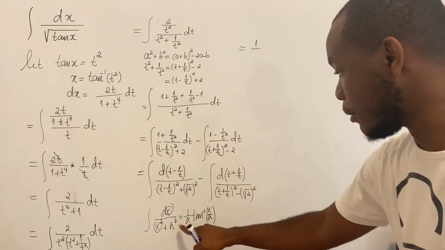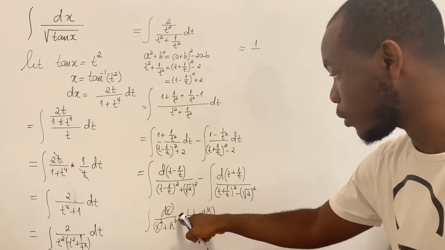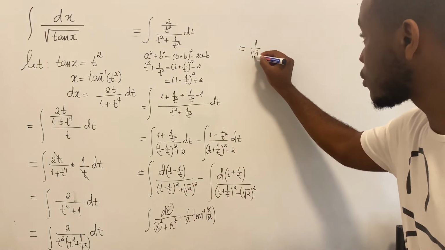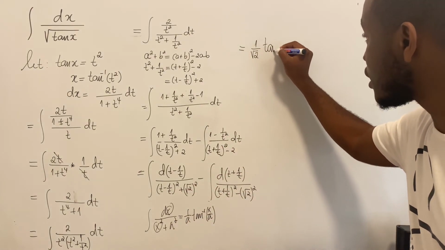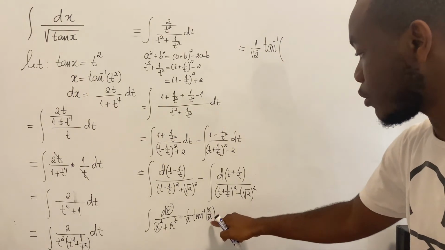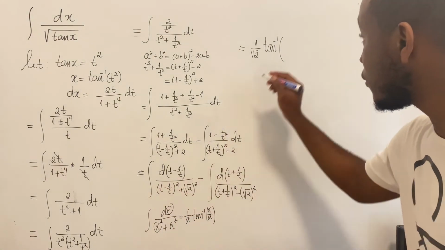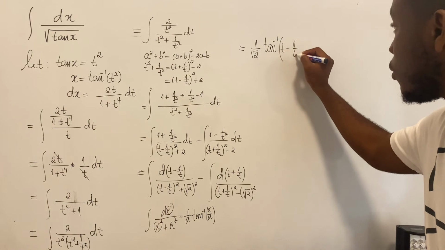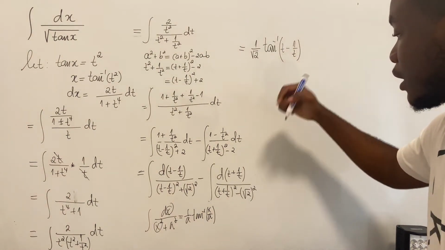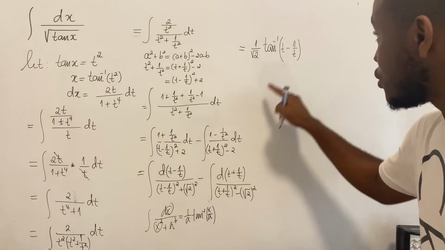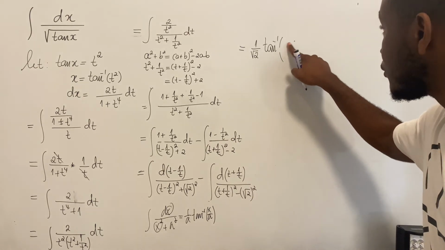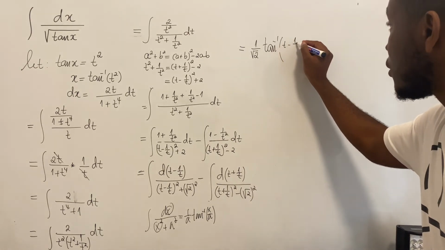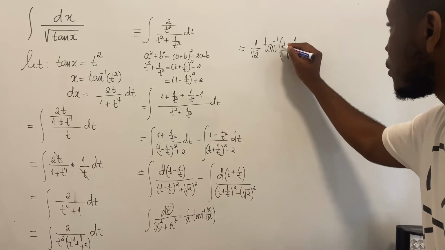What is our a? Our a is the constant squared, so square root of 2. 1 over square root of 2 inverse tan of x over a. But our x is t minus 1 over t, over a, which is square root of 2. So t minus 1 over t over square root of 2.